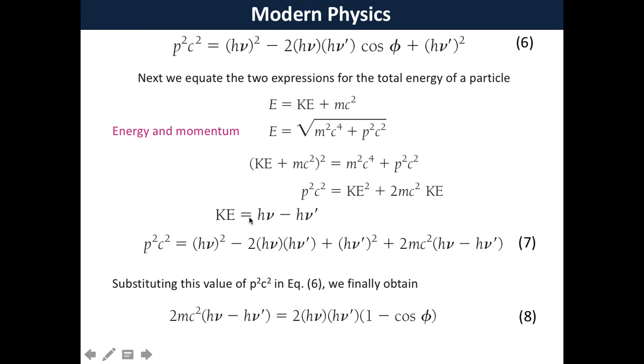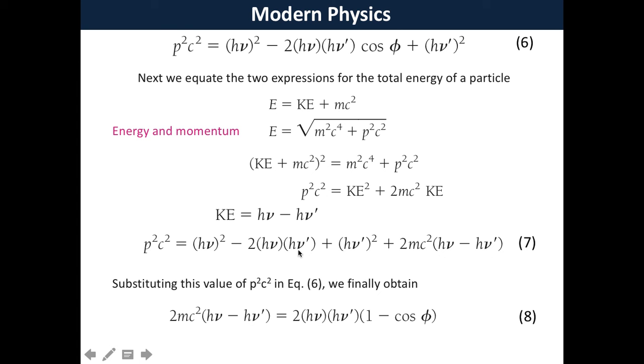The kinetic energy is h nu minus h nu prime. So p square c square is equal to h square nu square minus 2 h square nu nu prime plus h square nu prime square, plus 2 mc square times h nu minus h nu prime.